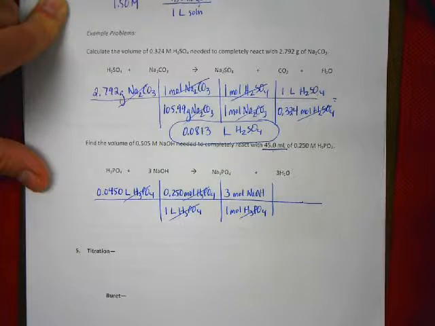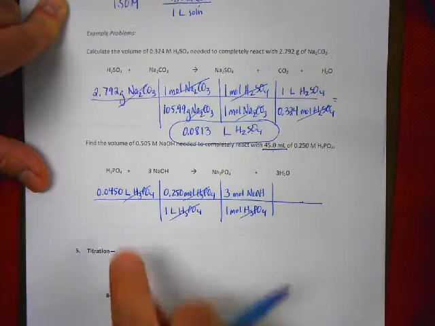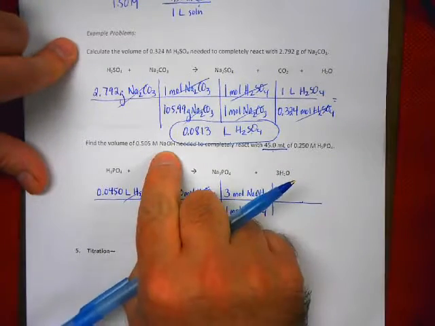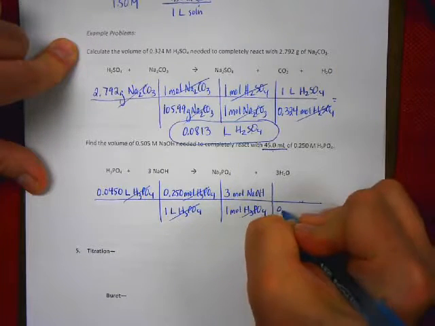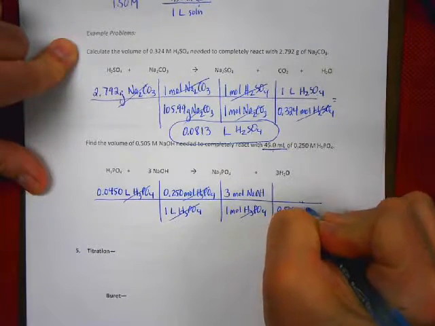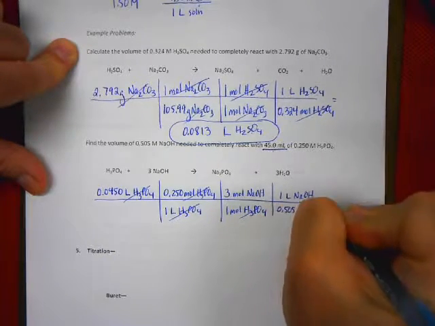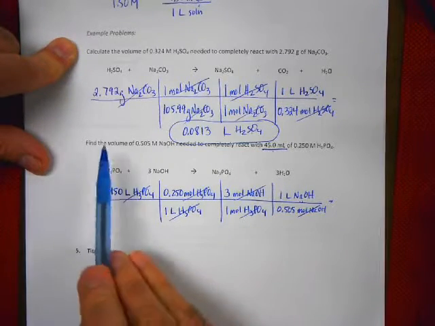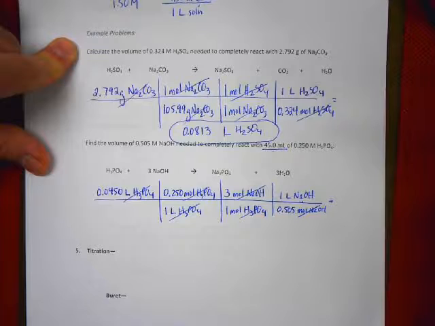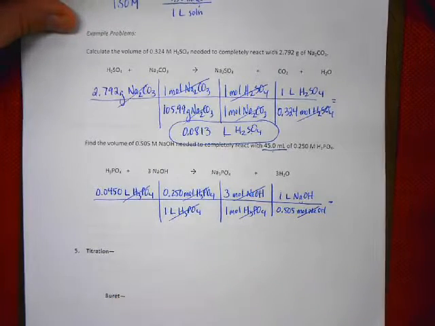Now that I have that, I want the volume of NaOH, so I can use the molarity of NaOH to go back to liters. So the 0.505 is how many moles of NaOH there are in 1 liter of that solution. So our moles cross off, we're left with liters. When you're going from volume to volume, you can see you don't even need to calculate a formula mass, because it has already been calculated for you in the molarity.